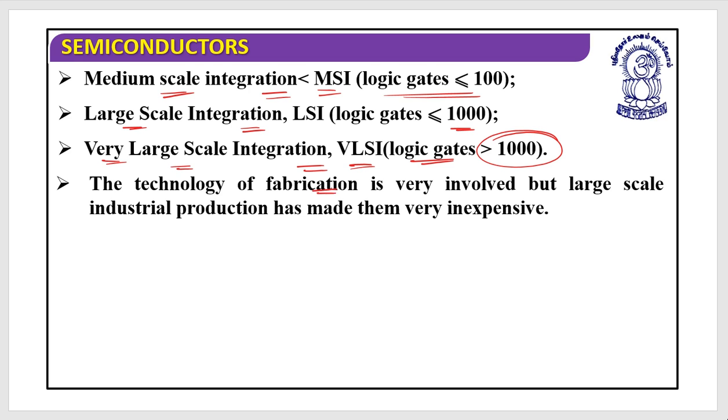The technology of fabrication is very involved, but large scale industrial production has made them very inexpensive. The biggest advantage of ICs is their availability in the smallest size.